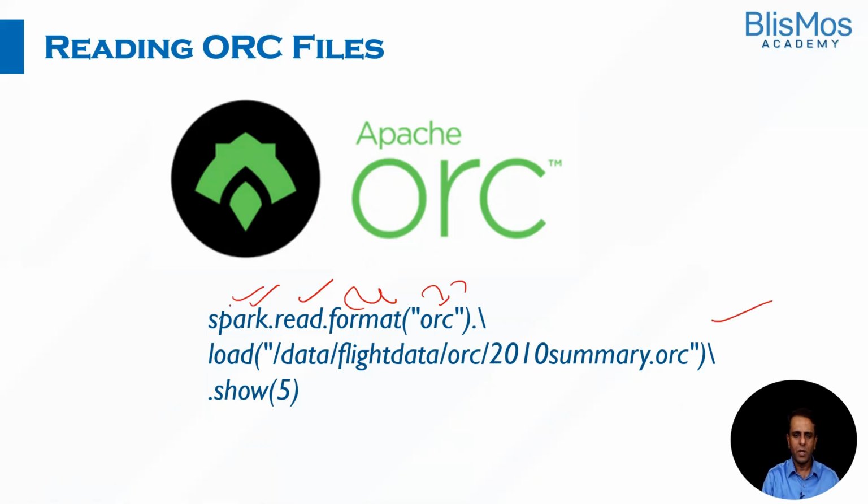To summarize, invoke the Spark session by using spark, invoke the data frame reader by using the read attribute, and specify the format as ORC. That is how you read the ORC files.